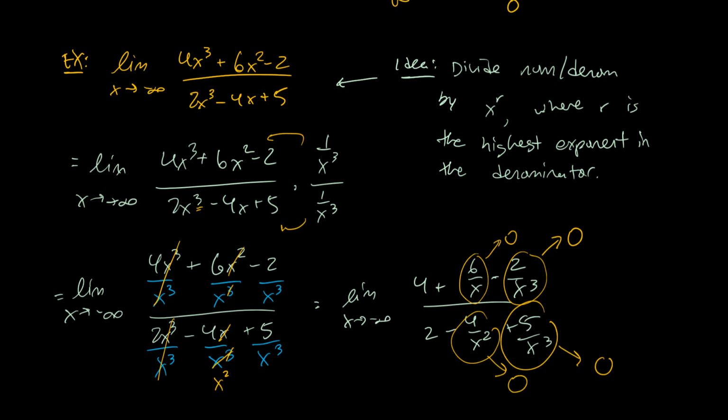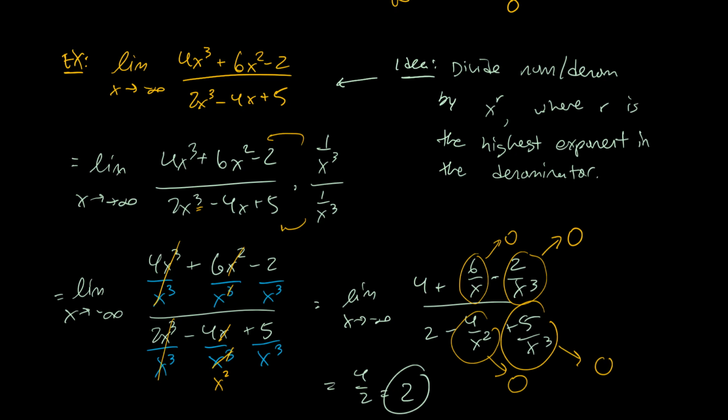I mean, dividing the 5 over x cubed, for example, would be like dividing 5 pizzas among so many people. As that goes to infinity, you still get 0. So when all the dust settles, what do we end up with? Simply 4 halves or 2. There's my limit.